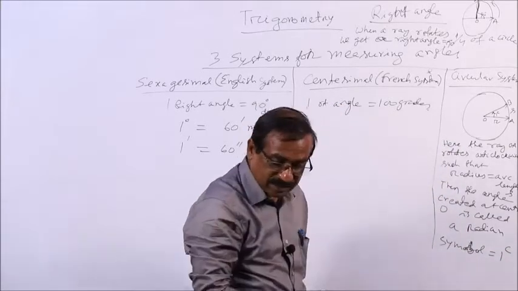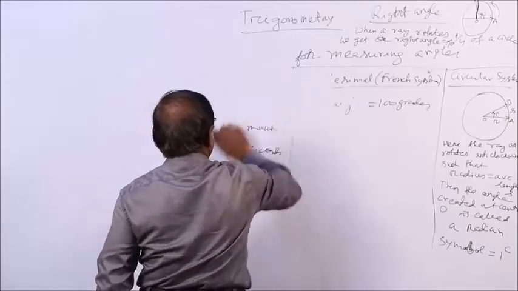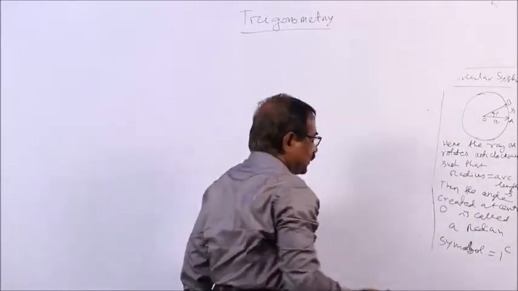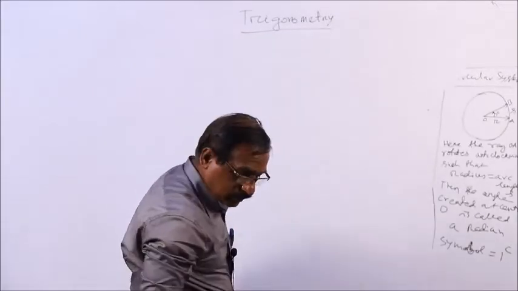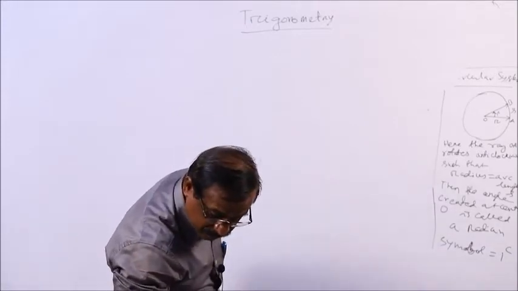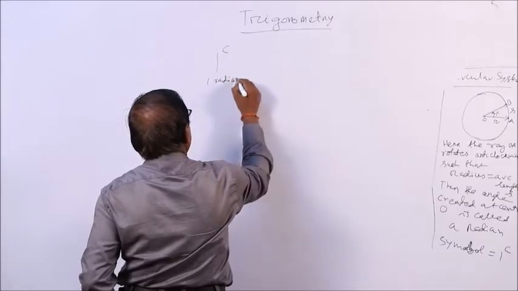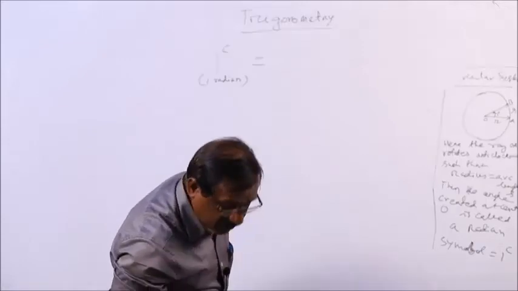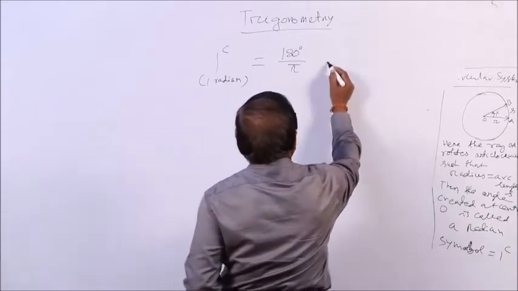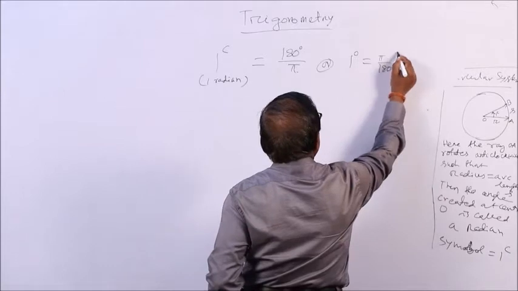We are interested in this calculation, radian and degree. The conversion is like this: one radian is equal to 180 degrees by pi, or 1 degree is equal to pi by 180 radian.